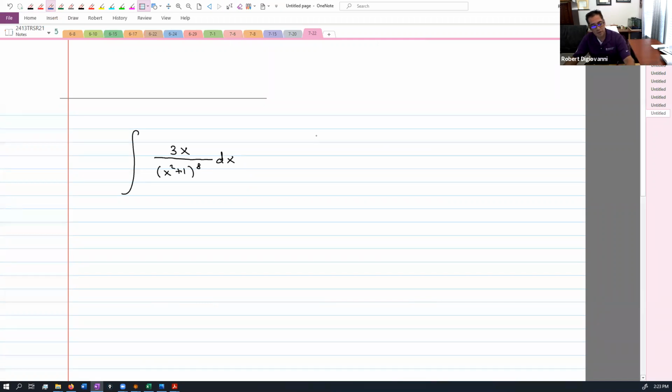If we do u is x squared plus 1, and du over dx is 2x, which means that du is equal to 2x dx. I don't have 2x dx, right? I have 3x dx. So here's what I would do on my next line.